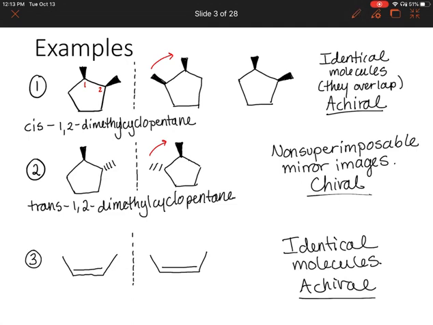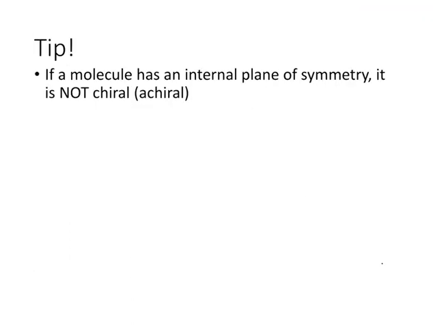Okay. So just a tip for figuring out whether these molecules are chiral or achiral, you can look for an internal plane of symmetry. So if a molecule has an internal plane of symmetry, it is not chiral, so it's achiral. So let's redraw those molecules that we just looked at.